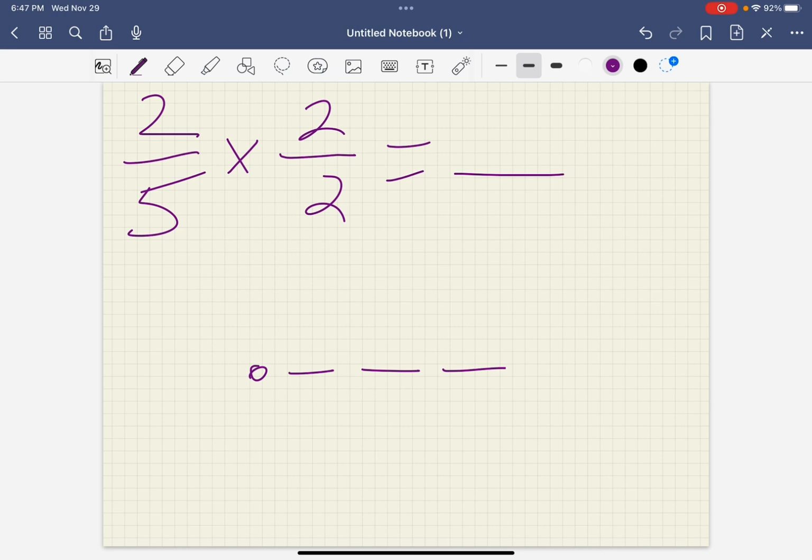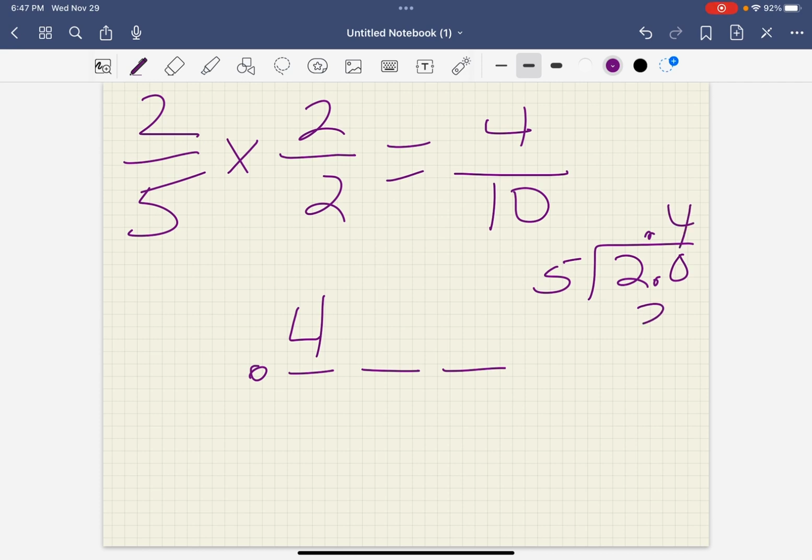So if we multiply that by 2 over 2, it'll be 4 over 10. And now you should know that that's 0.4. If you don't remember to do that, you can always put the 2 in the box and divide it by 5. You'll get the same thing.